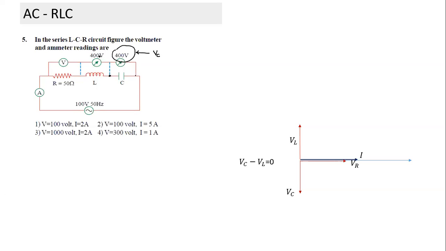This indicates the RMS value of VL. And since the two are equal, current being the same, it implies VC and VL are equal. If I draw the phasor, these two phasors will be of equal length and the sum of them becomes 0. This implies XC is equal to XL.